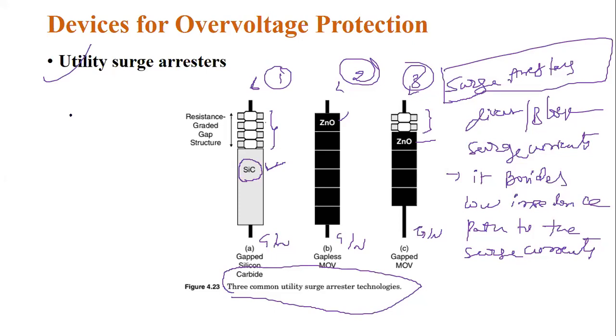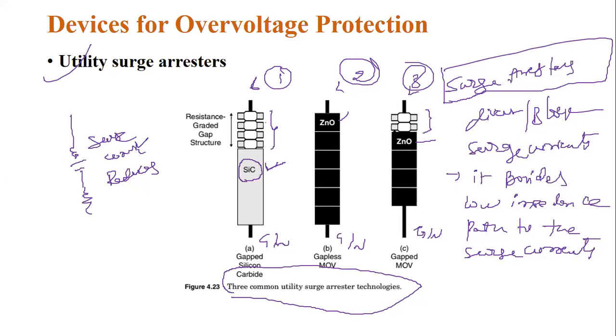Whenever you are producing gaps in the system, the surge current is reduced. You are diverting the path, minimizing that path, nothing but providing a low impedance path. It causes reduction of the surge current.